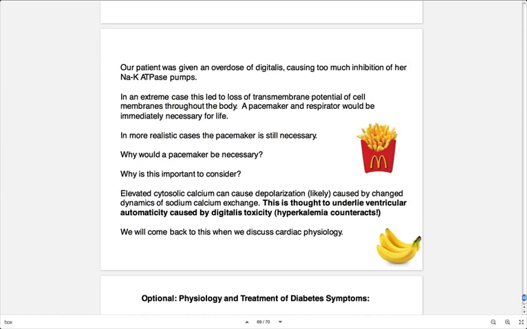Would you want your kidney patient to eat a banana? A whole bunch of bananas, right? If he has high potassium, what's higher potassium going to do? It's going to make it worse, yeah. And so you'd want to avoid that sort of thing.